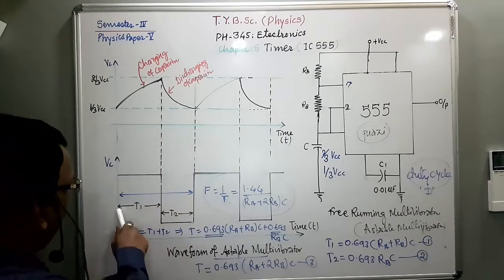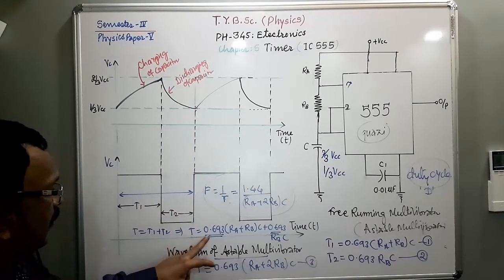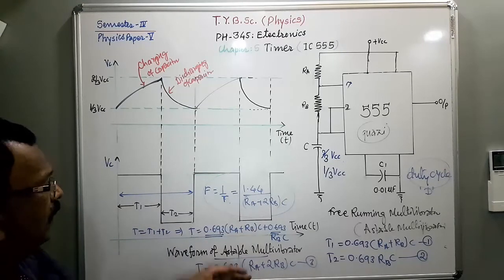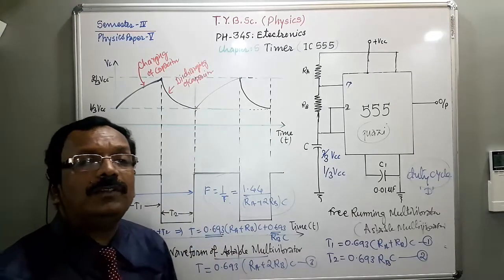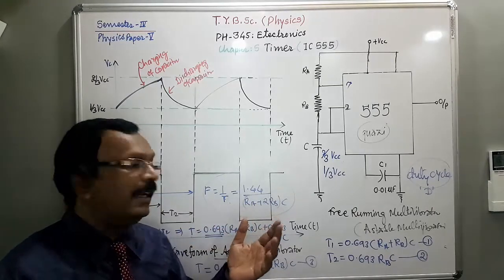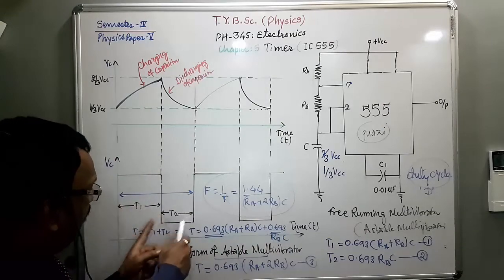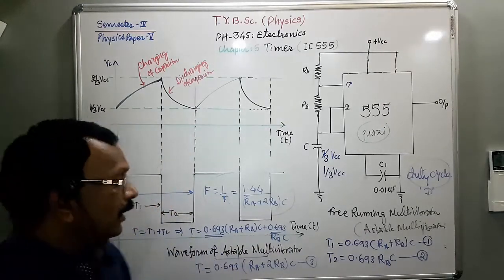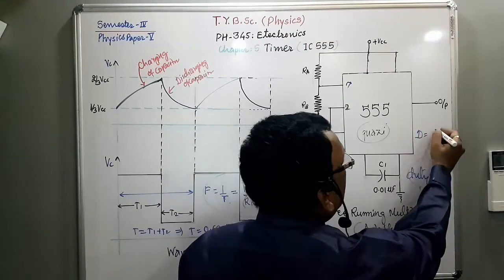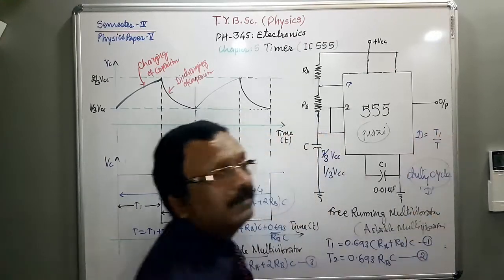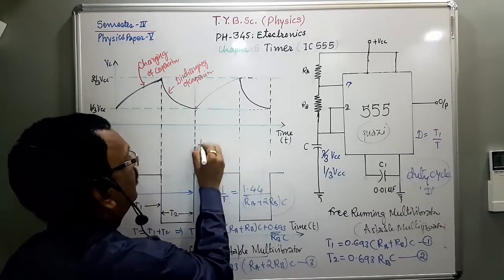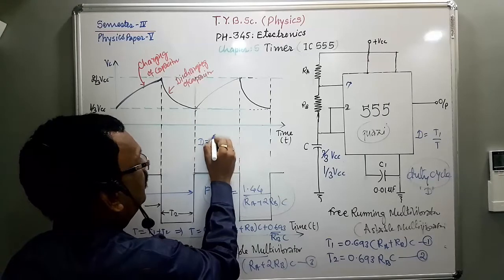T1 is 0.693 (RA plus RB) into C. This is the time during which the capacitor remains charged, and the total time, T1 plus T2, is T. So duty cycle D is always defined as T1 upon T. What is T1?